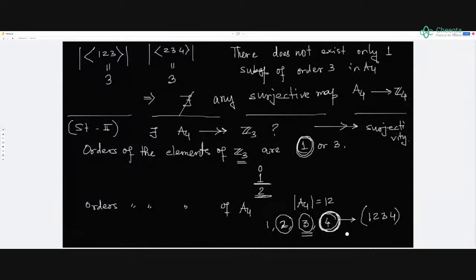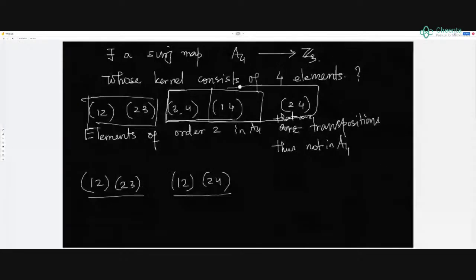Is it an even permutation or an odd permutation? But anyway, you have a surjective map from A4 to Z3, which has 4 elements in the kernel after clubbing these two cycles together.